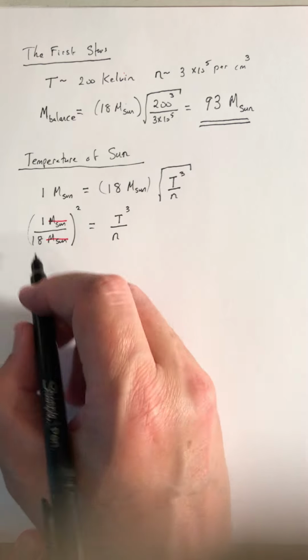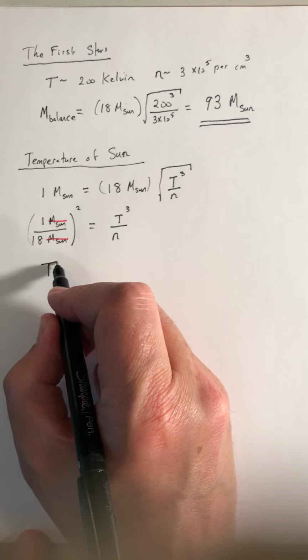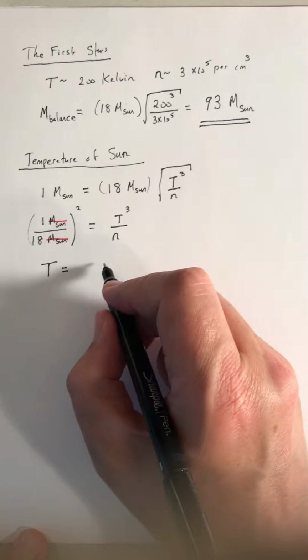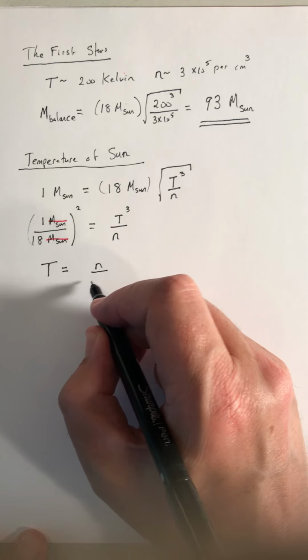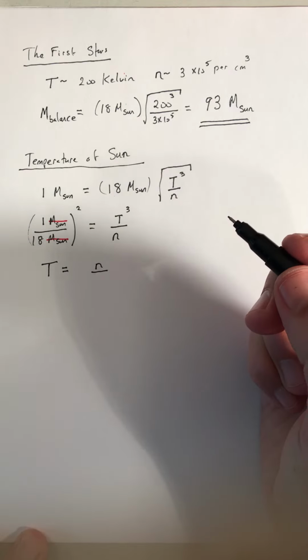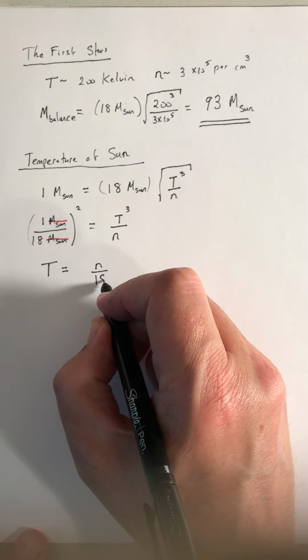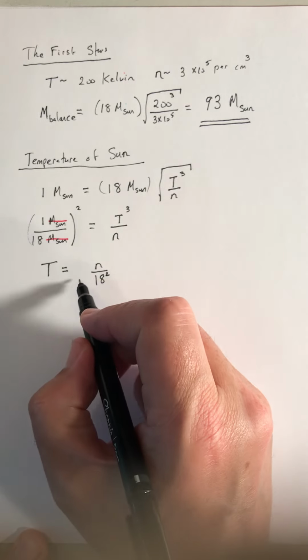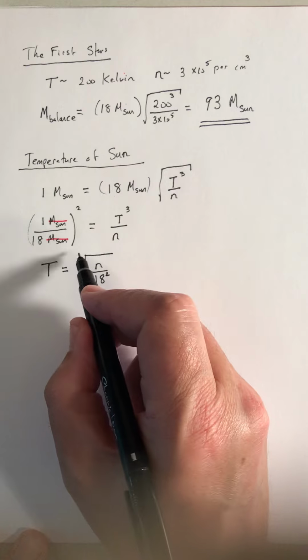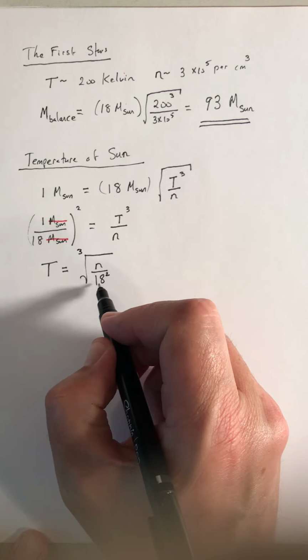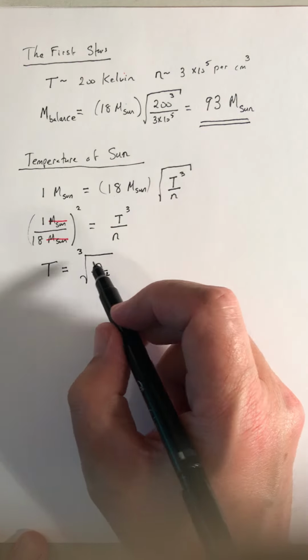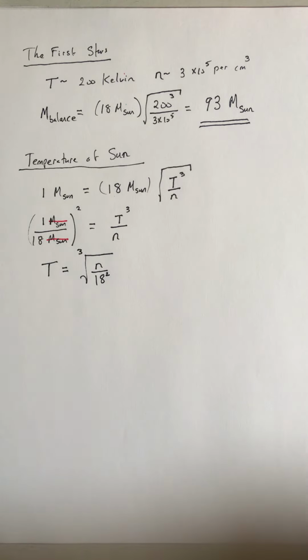And we solve for the temperature by itself. It's going to be the number density of particles over the pure number 18 squared. And I have to take the cube root to get the temperature.